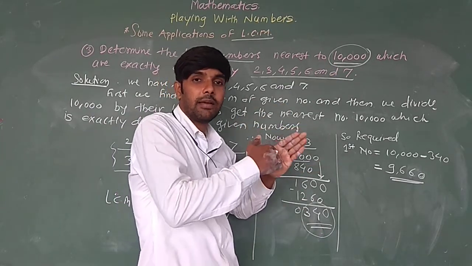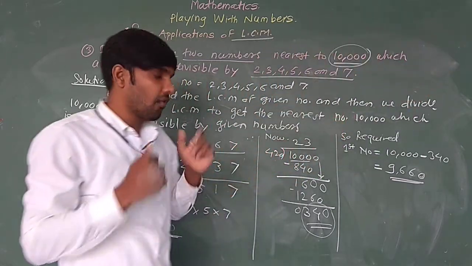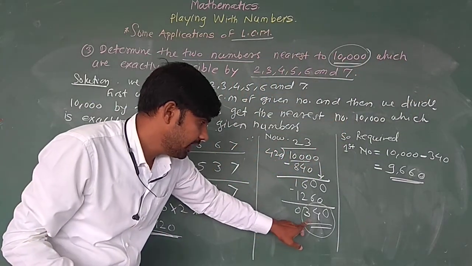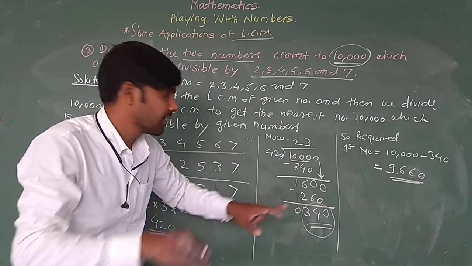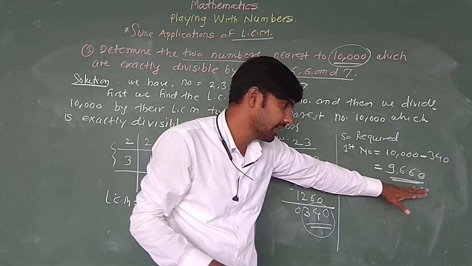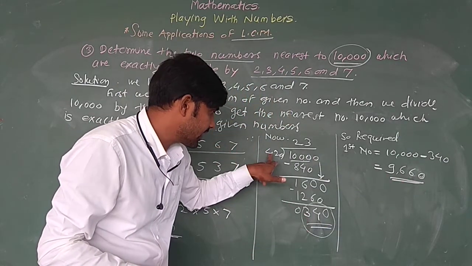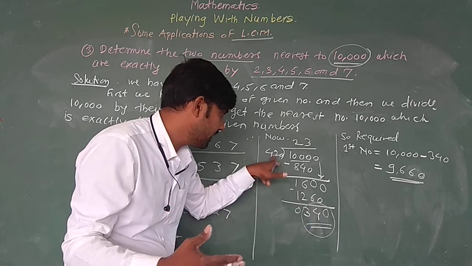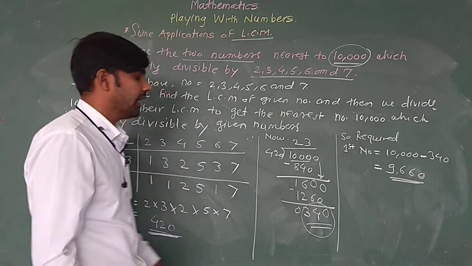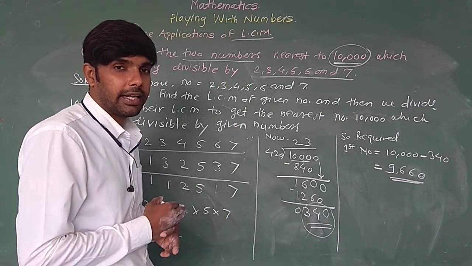Now we will find the number which is nearest to 10,000 and greater than 10,000. For that, we subtract this 340 remainder from 420, then we get 80 as the answer, and we add 80 to 10,000.